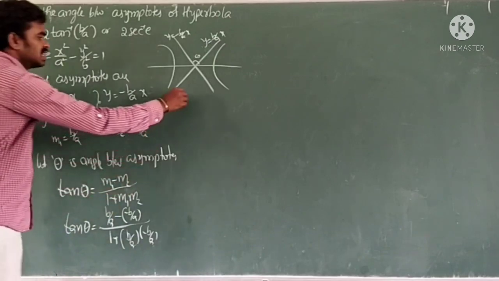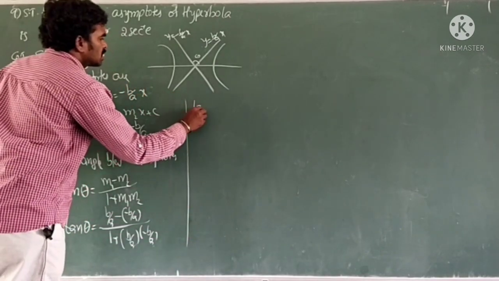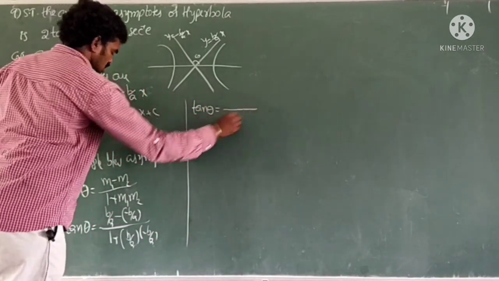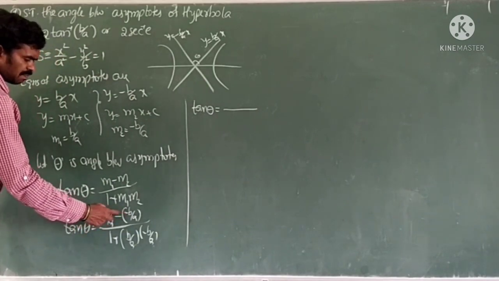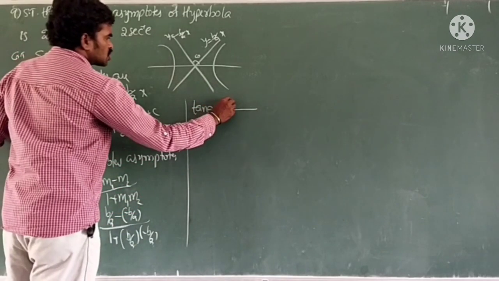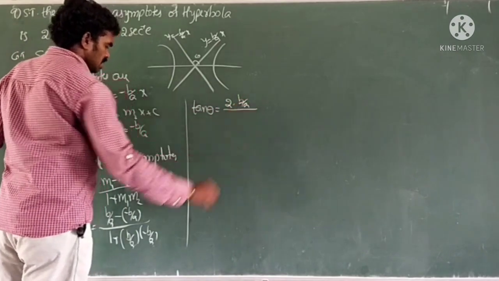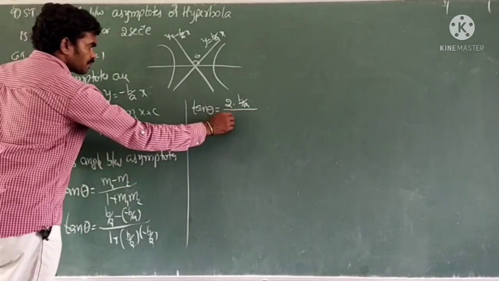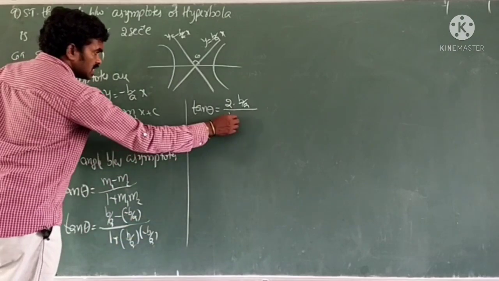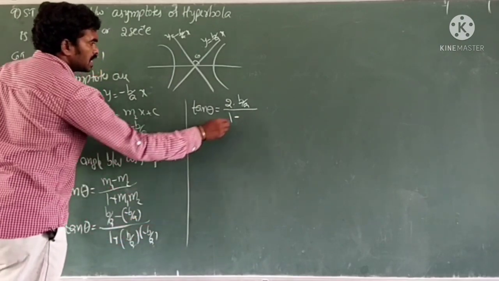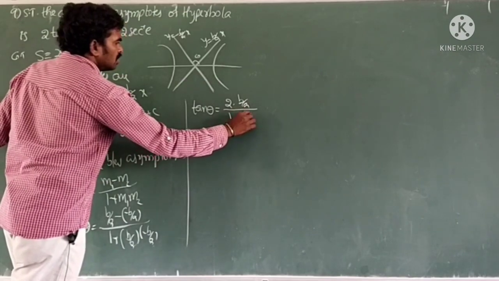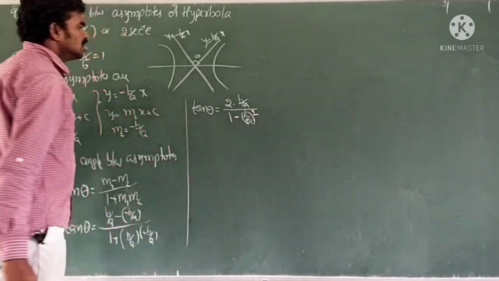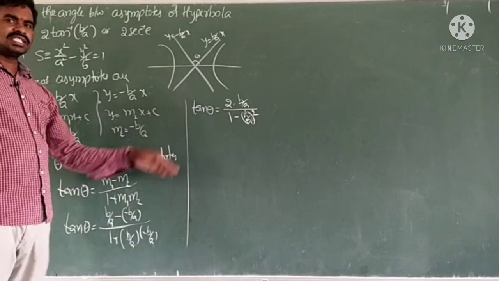So after simplifying this, tan theta is equal to b by a, minus into minus plus, b by a plus b by a becomes 2b by a, and by 1 plus into minus minus, b by a into b by a is b square by a square or b by a whole square. So now we should simplify this.